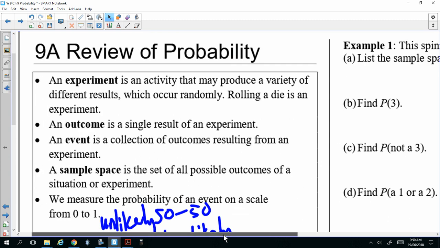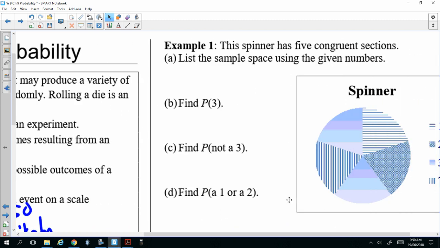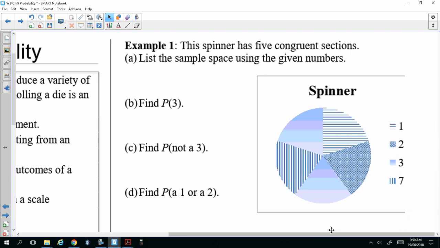We'll go through it again. What are the possible outcomes when you spin the spinner? 1, 2, 3, 7. Okay, good. What's the probability of getting a 3?